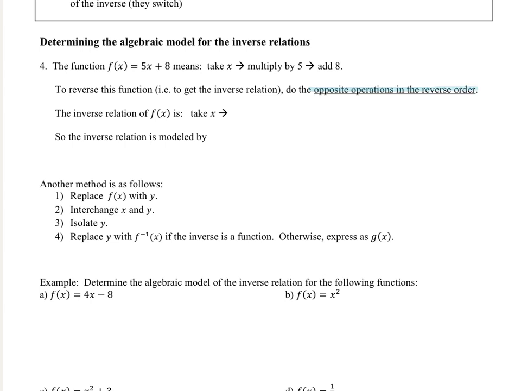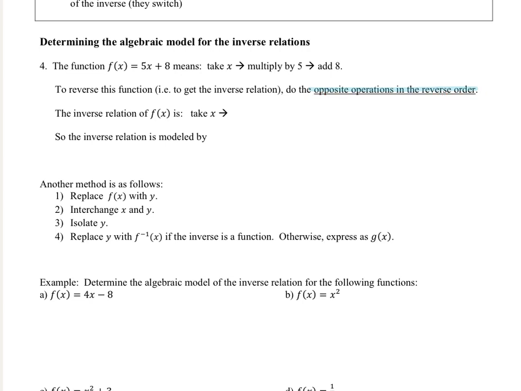So if you have this function f of x equals 5x plus 8, that means we start off with x, multiply it by 5, and then add 8. So the order of operations is first multiply by 5, and lastly add the 8.